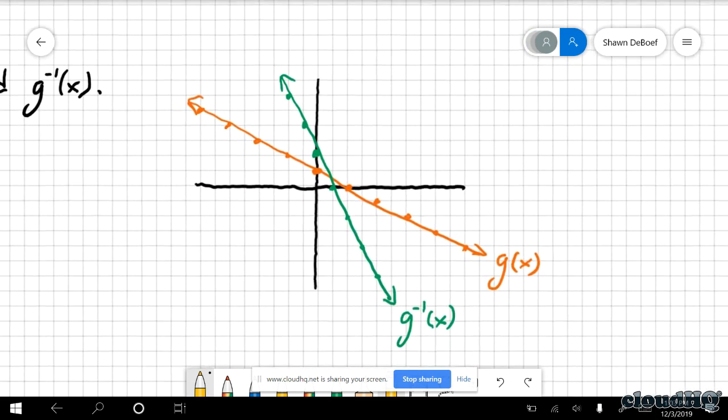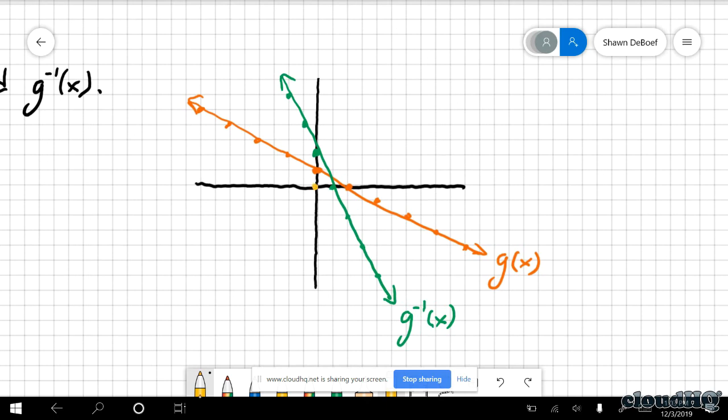Let's see if the same thing's true here. So it's where slope is 1, passes through the origin. Does this one also show a reflection across that line? Absolutely it does.